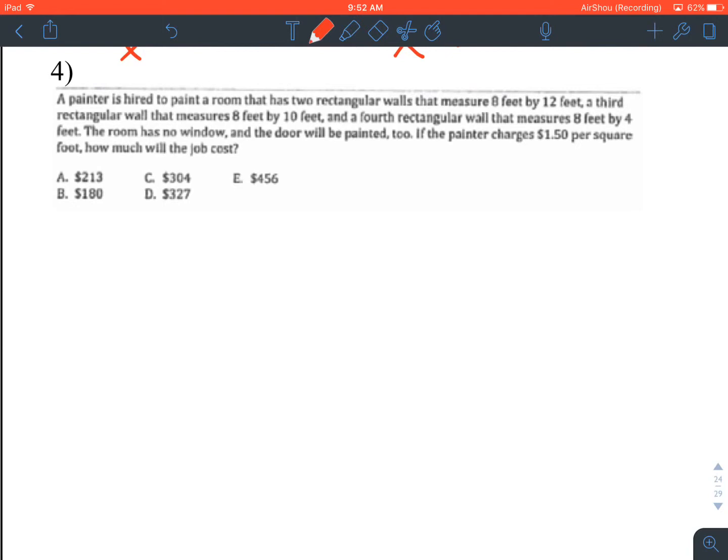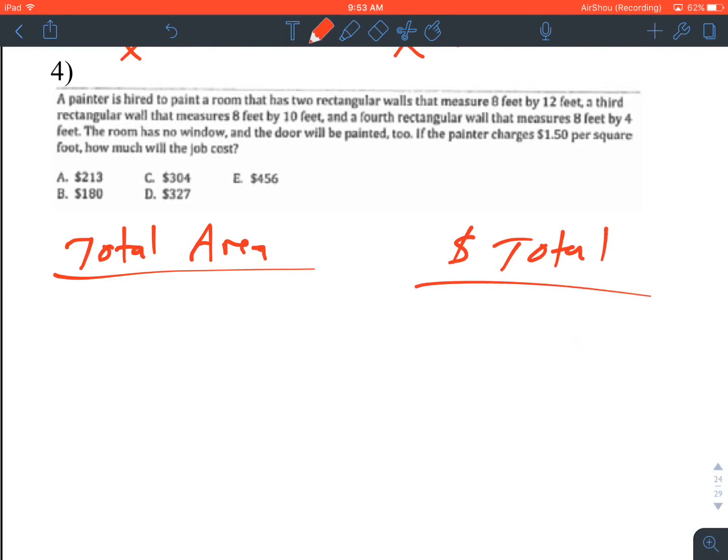So there are 2 parts to this problem. We need to find the total area, and then we need to find the total cost. To find the total area, we need to find the area of each wall of the room. 2 of the walls are 8 by 12.